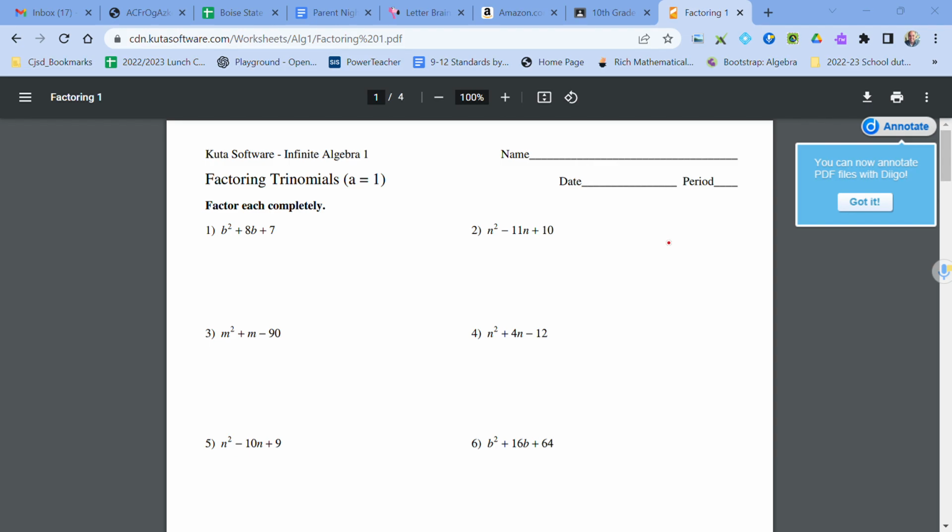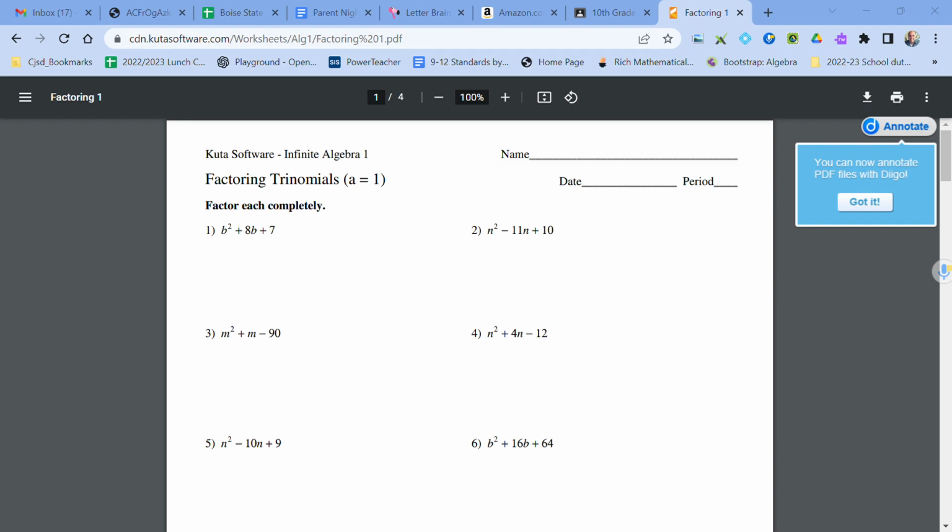And the name of this thing right here is the product. The result of multiplying is the product. But the two things being multiplied, those are called factors.